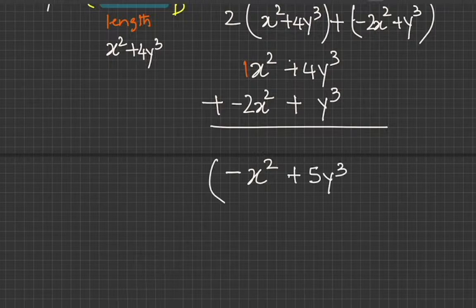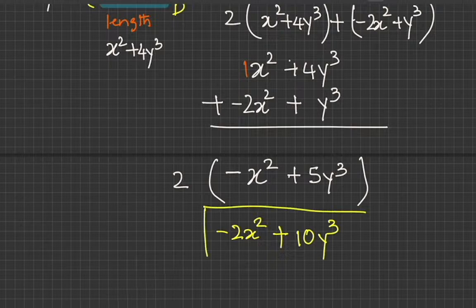And from this now we are going to multiply it by 2. We are multiplying a binomial, that is negative x squared plus 5y cubed, by a monomial, that is 2. So 2 times negative x squared is negative 2x squared. Then plus 2 times 5 is 10y cubed.